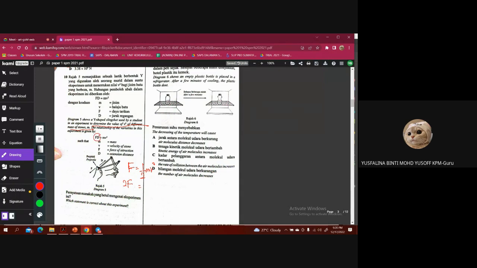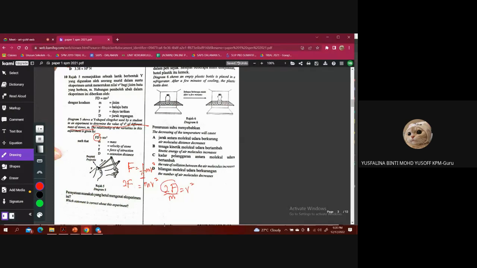If we just compare, now we leave it with mv square. I want to find the relationship between m and v square. So 2F divided by m v square, so this one is actually a constant.